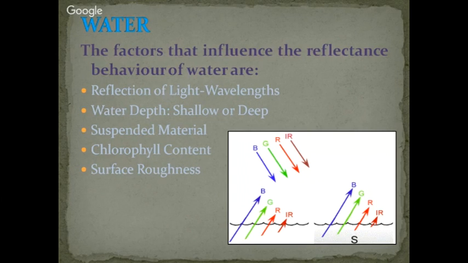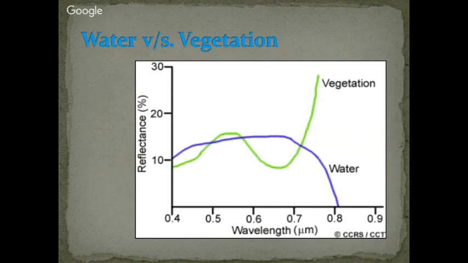But always remember that for spectral responses of any surface, whether it's vegetation or a water body, no single factor affects the reflectance behavior. All these factors work in combination to produce the unique appearances of these surfaces on satellite images. Maybe sometimes one factor is more dominant, but nonetheless all the factors work together.